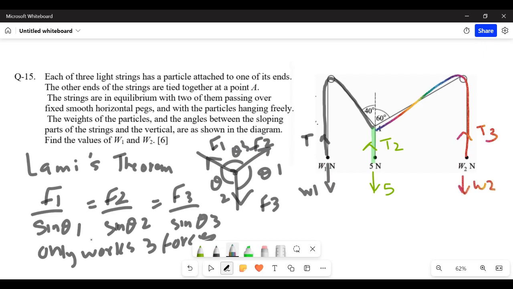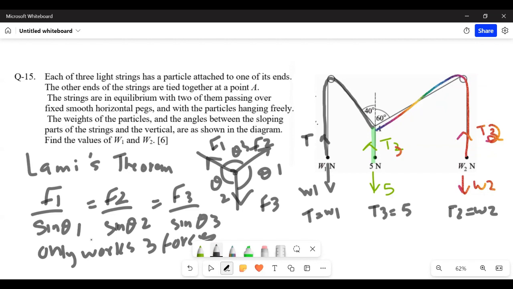Okay. अच्छा जी, let me in fact call this T2 and W2 और इसको 3 कहते हैं. मिडल वाले को 3 कह देते हैं. Okay. अच्छा तो when the system is at rest तो फिर T1 is going to be W1, forward force is equal to backward force. T3 जो है वो 5 के इक्वल है और T2 जो है वो W2 के इक्वल है.